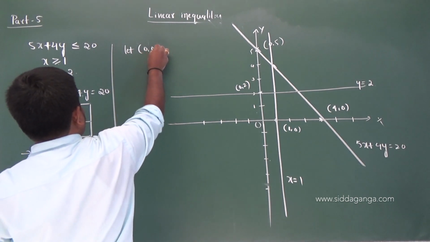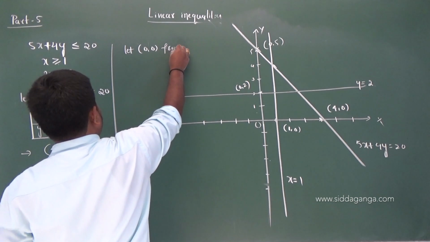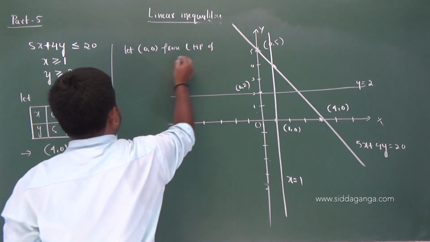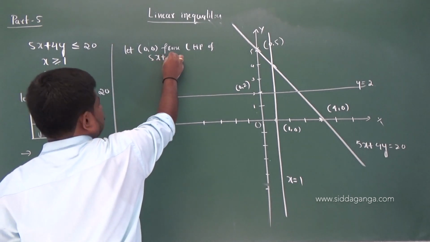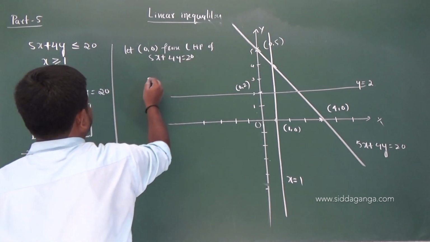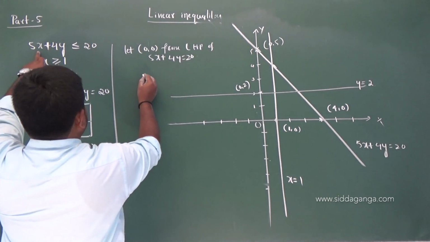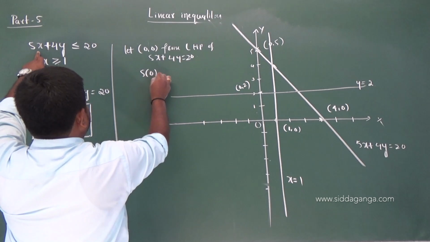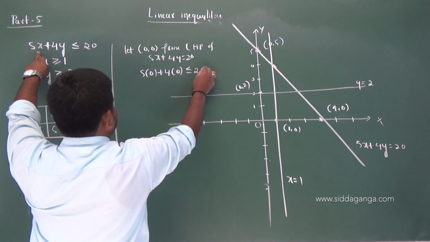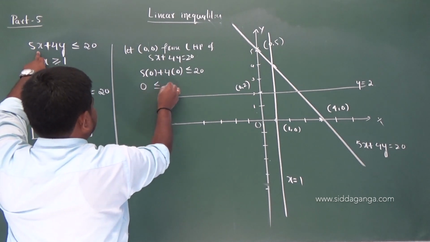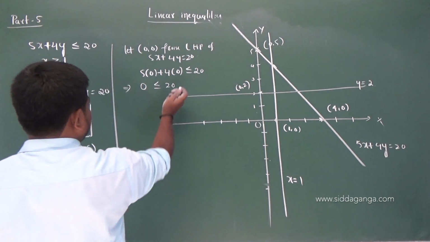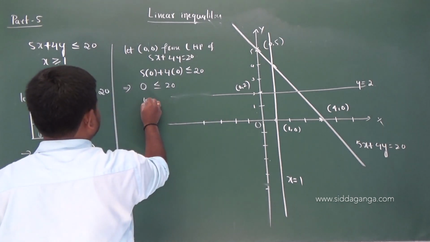Substitute in the given inequality: 5 into 0 plus 4 into 0 less than or equal to 20. So this gives 0 less than or equal to 20, which is true.